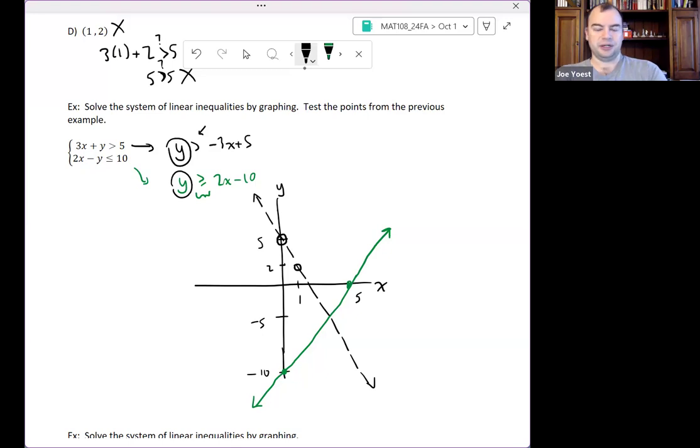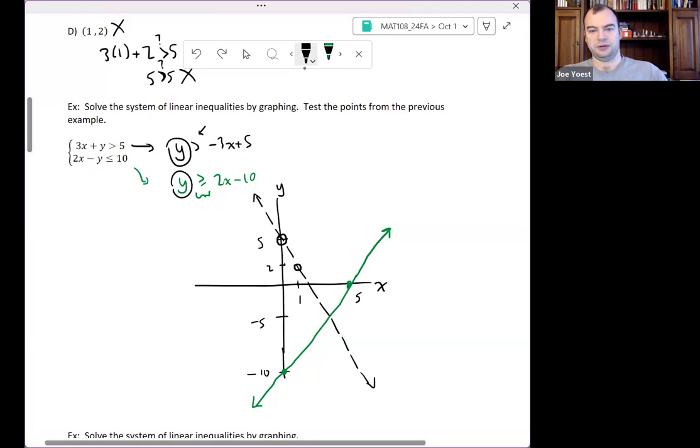Or what I could do is pick a test point in each of the four pseudo quadrants, and see whether or not it satisfies the system of linear inequalities. If a test point in a particular region does not satisfy the system, then nothing else in that region will either.